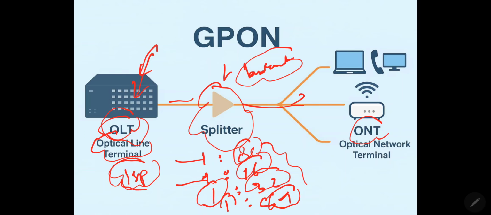This ONT can be connected to a router to get Wi-Fi or internet. Okay, you can see here, it can be connected to your laptop, your phone, or any of your devices.